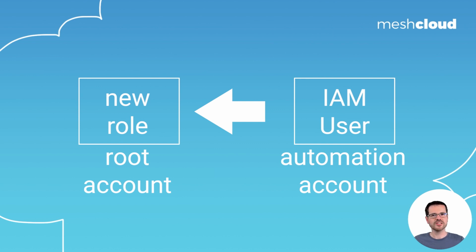Assuming this role is only allowed to IAM users that have been added to a trust relationship. So you can make sure that only IAM users who shall access the role in the root account can actually do so. We will also provide a video about how to assume such a role via the API.